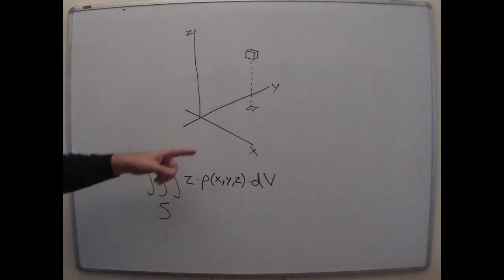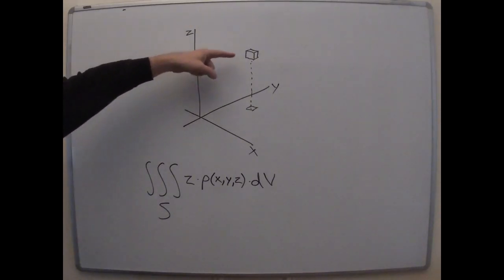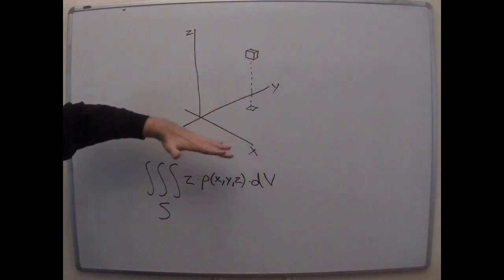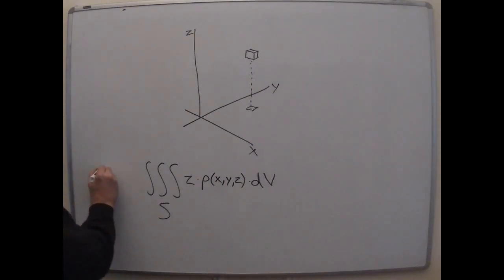What you're going to get when you take the z coordinate times the thing is a measure of how far that little mass is away from a plane, not away from an axis. So that's called the moment from the xy plane.